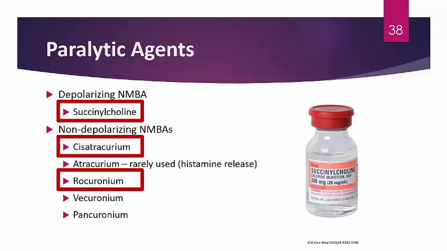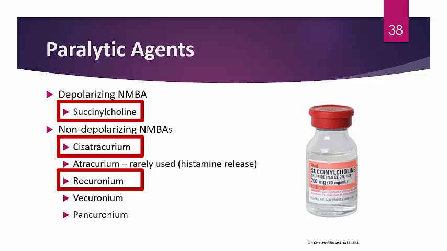Atracurium is not used as much because it has a significant amount of histamine release, which we'll talk about in a little bit. But for the purposes of this talk, I just want y'all to get an exposure to the main paralytics that are used, and then be aware of the other paralytics that are used and some of the kinetics associated with those paralytics.